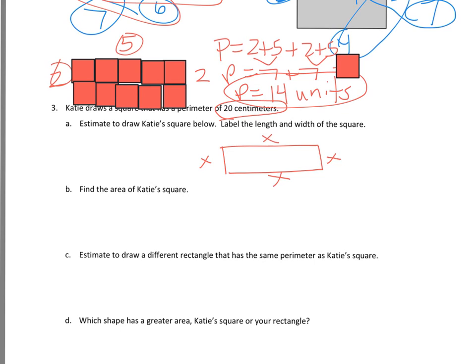So that's what you're going to do. And then once you get a square that works, you're going to find the area of Katie's square. And then you'll answer C and D. C is estimate to draw a different rectangle that has the same perimeter. And then the shape, which one has a greater area, Katie's square or your rectangle. So hope this helps.